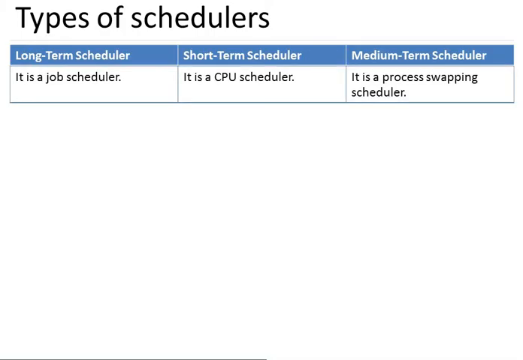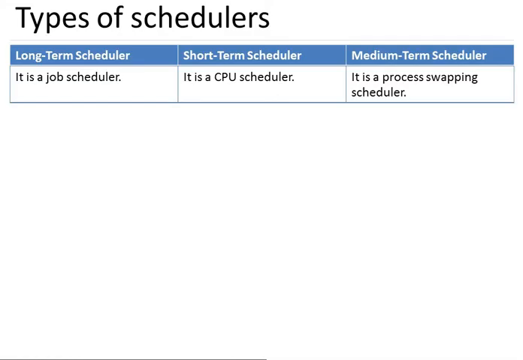So the first one: the long term scheduler is also known as the job scheduler. After that, the short term scheduler is a CPU scheduler. Why? Because the short term scheduler is selecting processes for CPU usage.